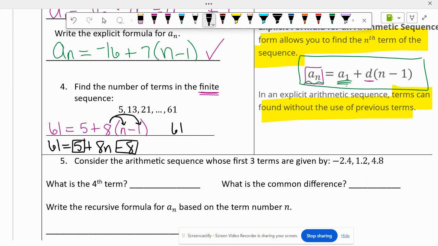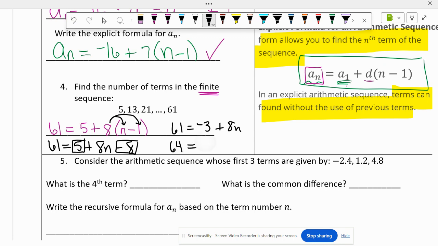So 61 equals negative 3 plus 8n. What happens when I take 61 and subtract 3 from it? Or add 3 to both sides.